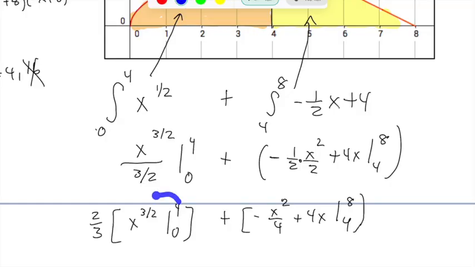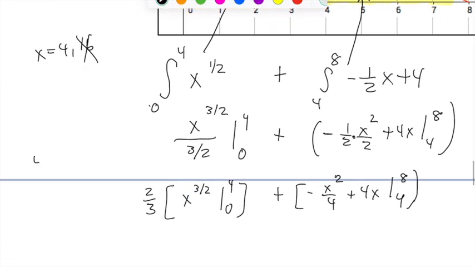Okay, so if I plug this in, what is 4 to the 3 halves? Again, remember that this is the square root, so I can rewrite this as the square root of 4 cubed. So this is going to be 2 cubed, which is 8. And then when I plug in 0, I get 0.